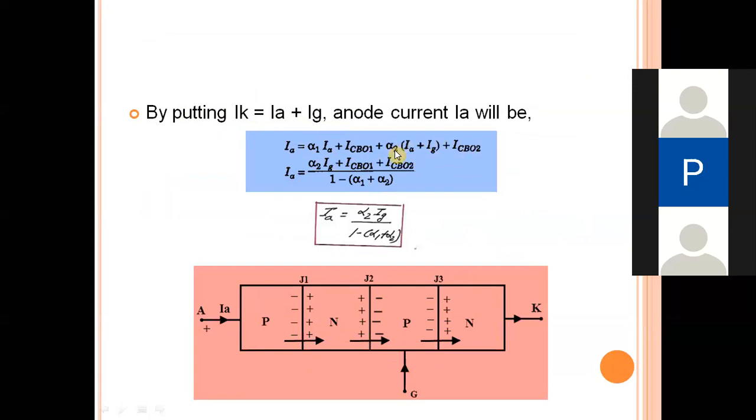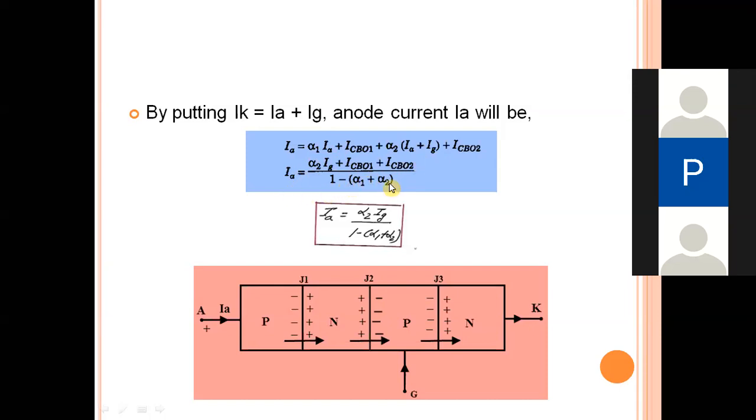So when you consider this, you are simply making IA common from this equation. When IA is made common, you are going to get IA is equal to alpha 2 IG plus ICB01 plus ICB02, divided by 1 minus alpha 1 plus alpha 2.